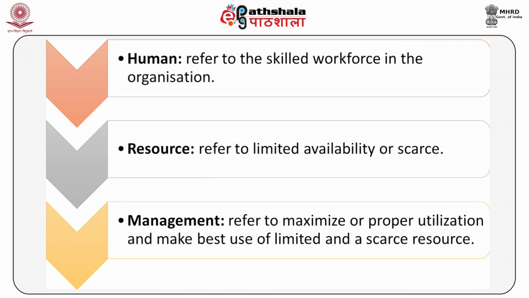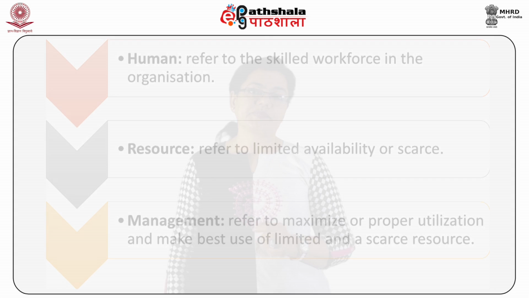So why is the name human resource management given? Let us justify it. Human refers to the skilled workforce in an organization. Resource refers to limited availability or scarce resources. Management refers to maximize or proper utilization and make best use of limited and scarce resources.